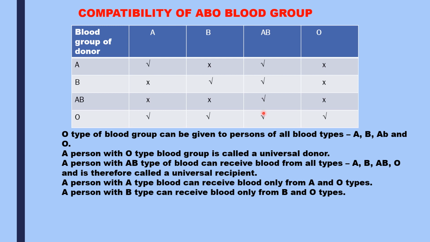A person with A type of blood can receive blood only from A type and O type of blood group. Similarly, a person having B type of blood group can receive blood only from B type and O type of blood group.